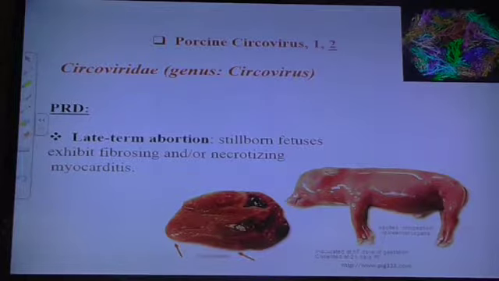And the reproductive disease I showed you before involves late-term abortion, and the piglets have congestion and ascites, as well as necrotizing myocarditis.